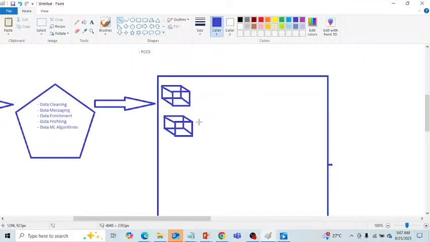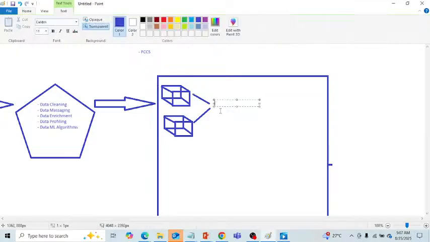So it has the things for reporting and analysis. It entails reporting and analysis.